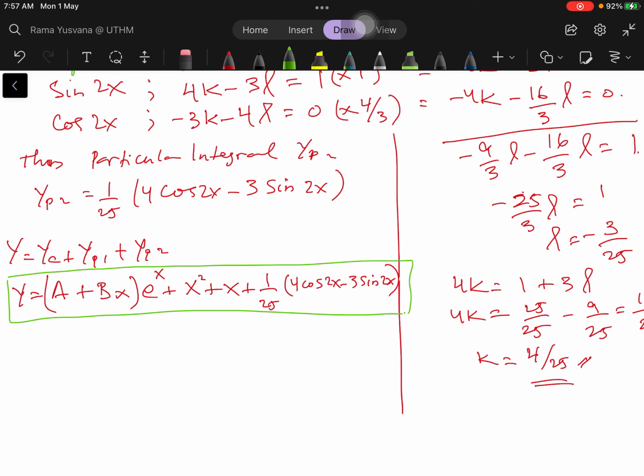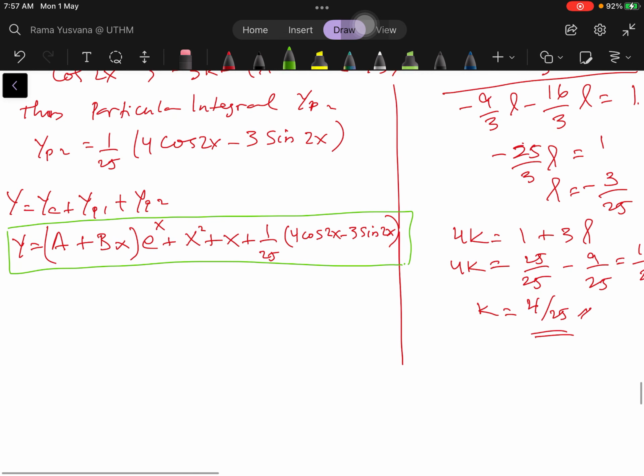Except now we have to substitute our initial values. In the beginning of the equation you have the initial condition that at x equals 0, y equals 0.